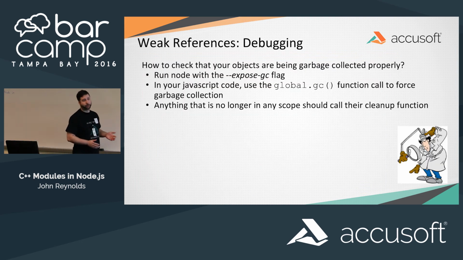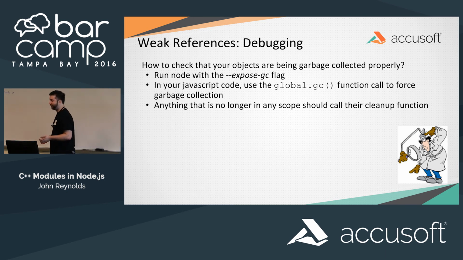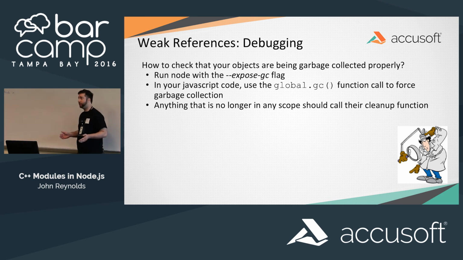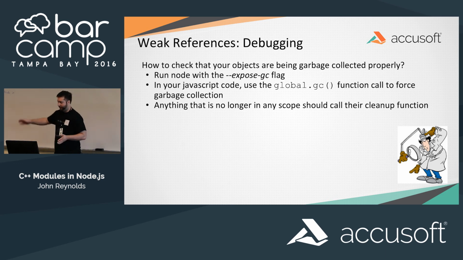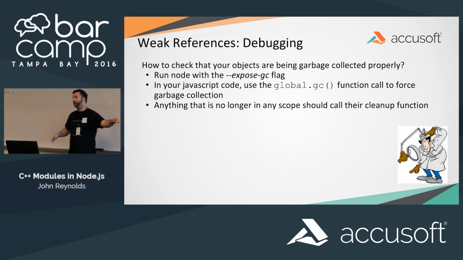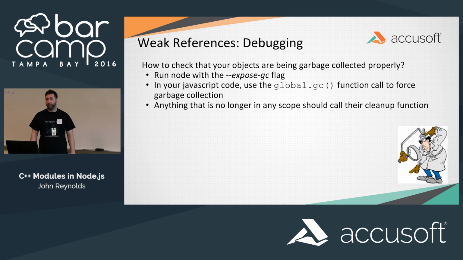Now, anybody who's tried to debug memory issues in garbage collection knows it's not fun, especially trying to figure out when garbage collection occurs. We had a case where we were running it through our test suite, and then 10 minutes later it would crash from something that occurred a long time ago. So luckily, Node allows you to force garbage collection, but to do so you have to use the expose GC flag on Node.js.